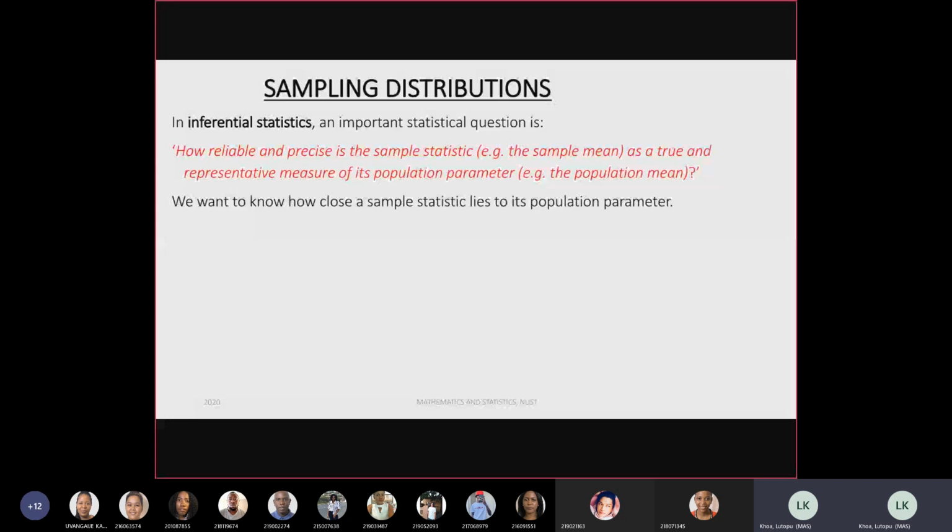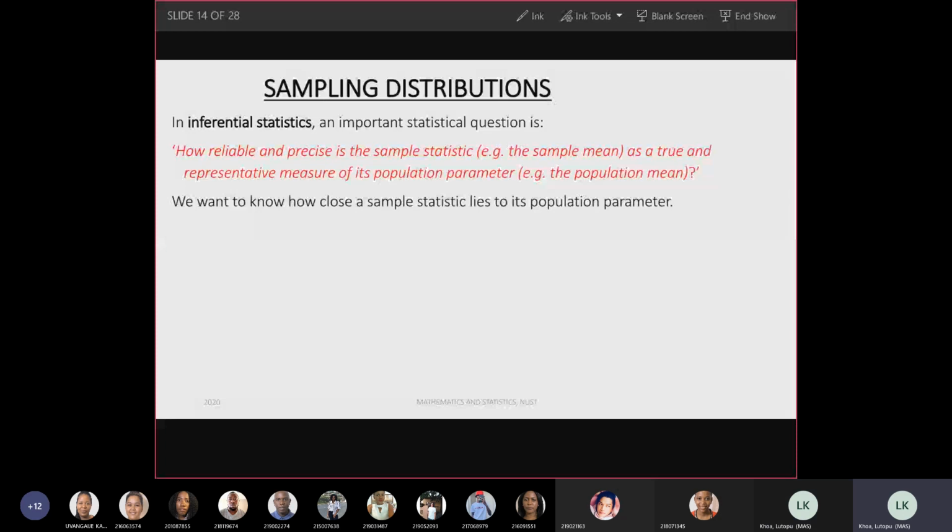So statistics, we have, for example, X bar. This is the sample mean, and then we use this to approximate mu, which is the population mean.